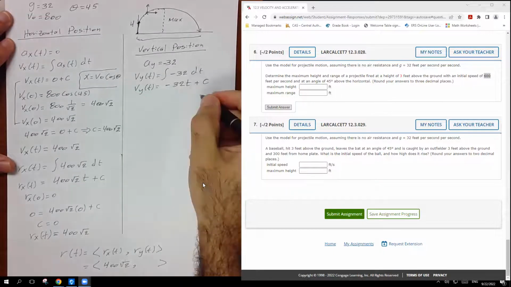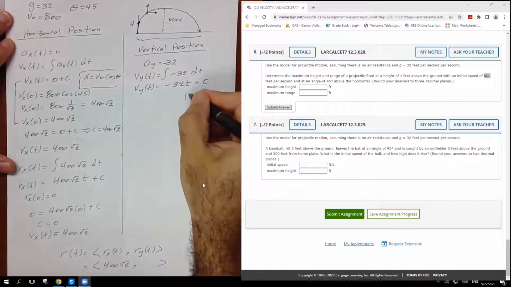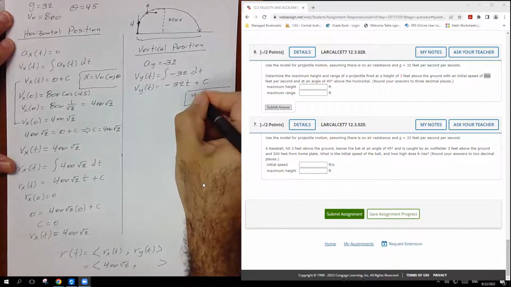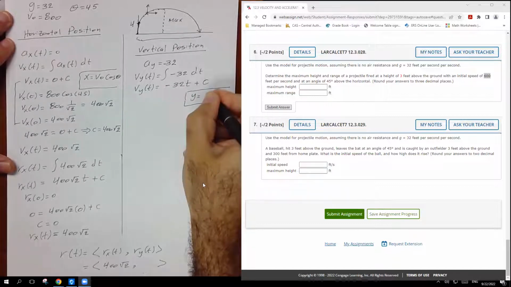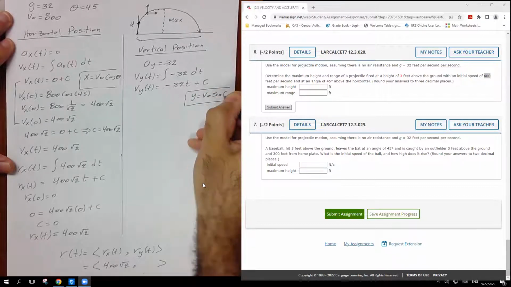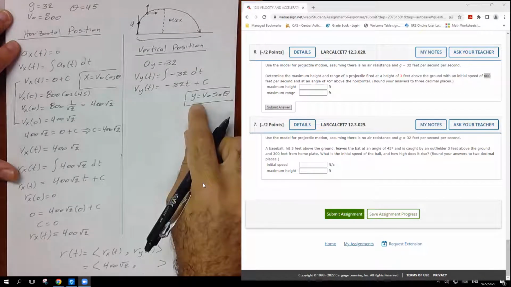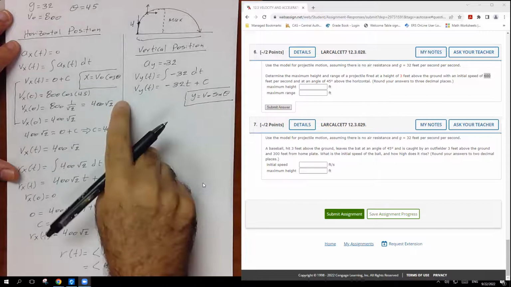Also, there's an old rule from Cal 2 that says to find the y, it's v naught sine theta. I can use this one. So we're going to do exactly the same steps here, but with the y.